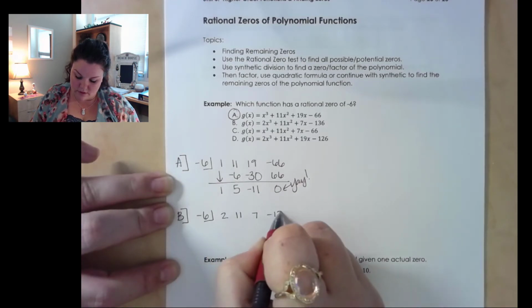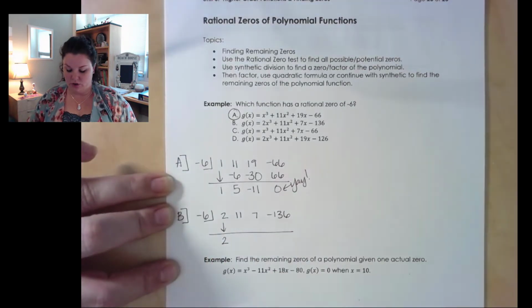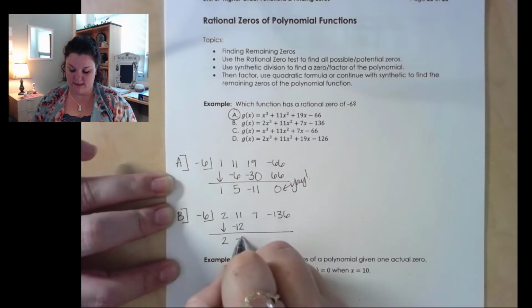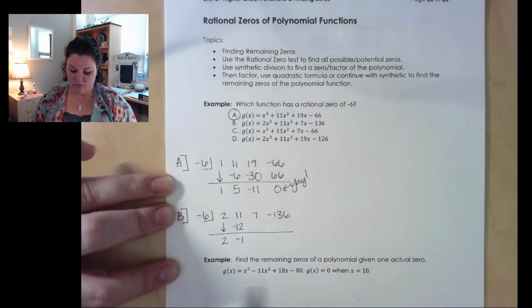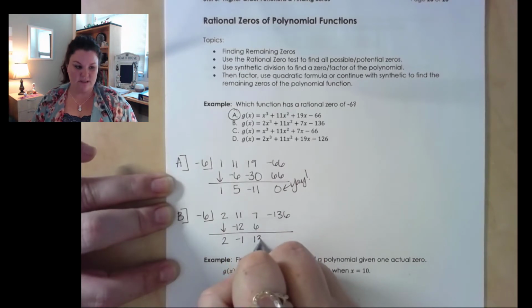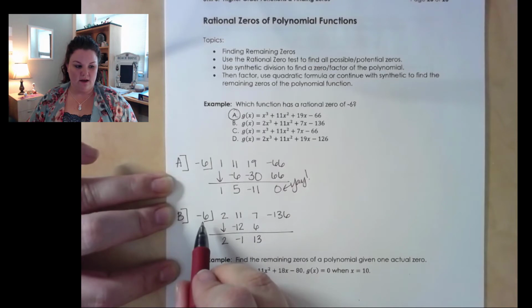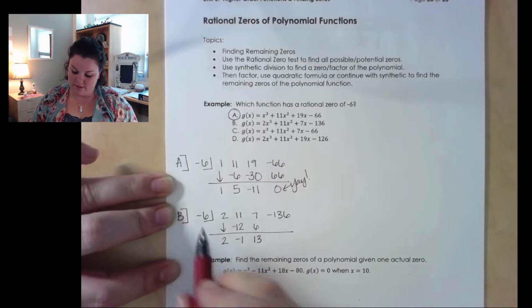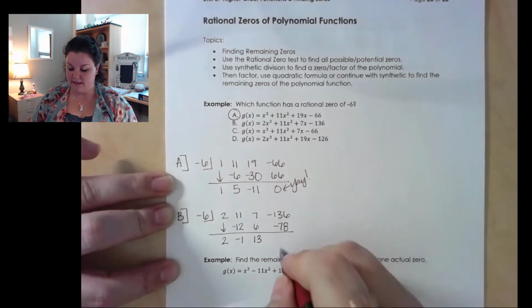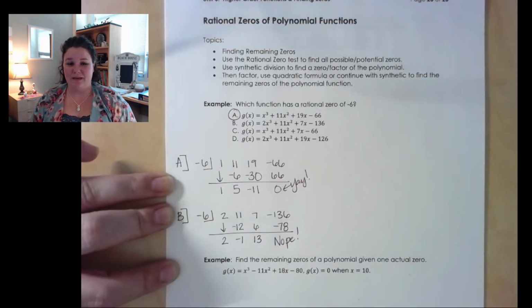We bring our first number down, which is a 2. 2 times the -6 gives me a -12. That combines to -1. -1 times the -6 gives me a +6, which gives me 13. 13 times the -6 gives me -78. I can already tell without working it out that that's not going to work. Nope, it's not going to give me a 0.